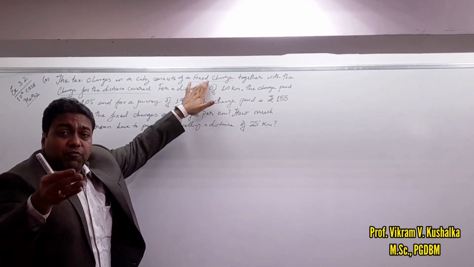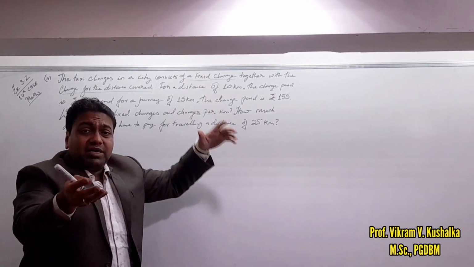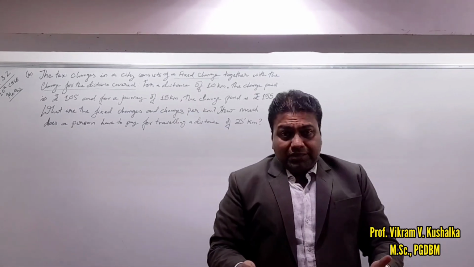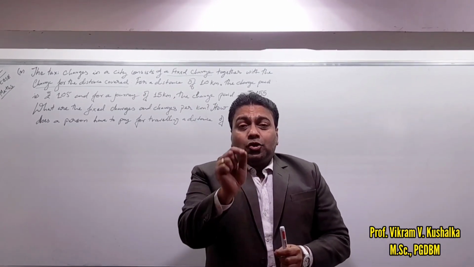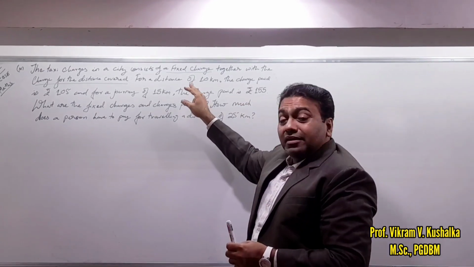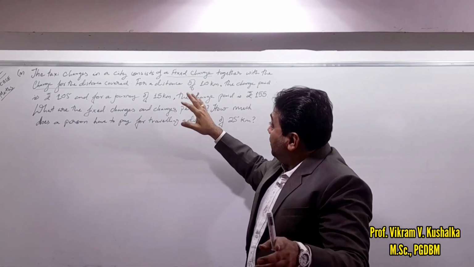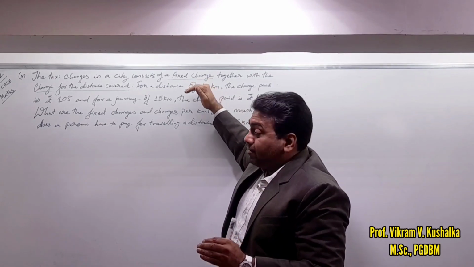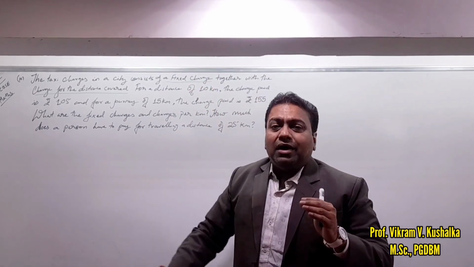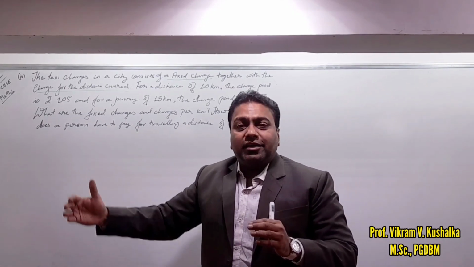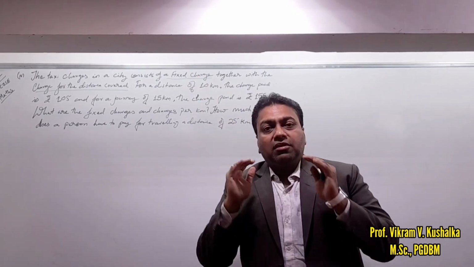For example, if you get into an auto in Mumbai nowadays, the fixed charge is 23 rupees. The moment you sit in the auto, even though it has not started, you are bound to pay 23 rupees because you've already booked the auto. That's the fixed charge. No matter whether you go 100 meters or 200 meters or 10 kilometers, the fixed charge remains fixed.